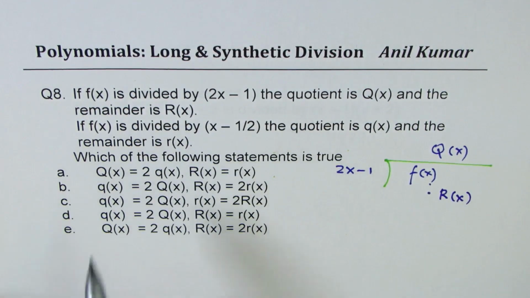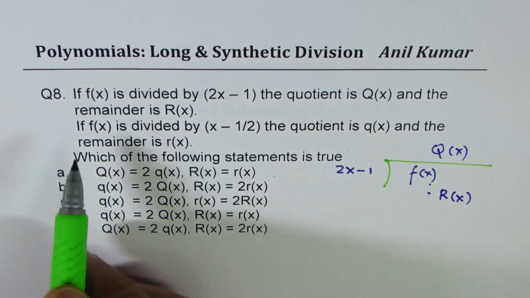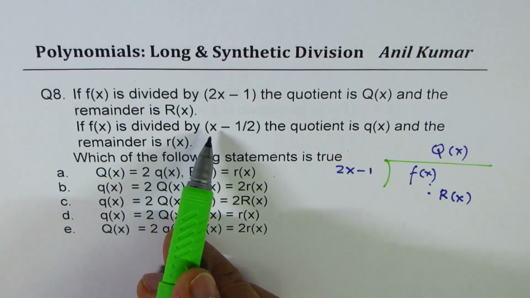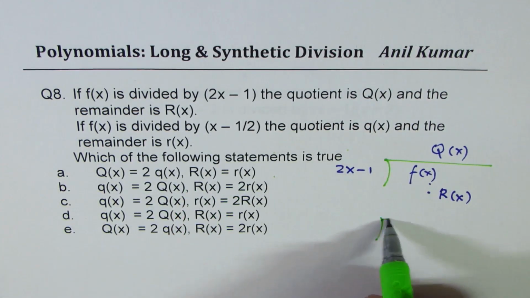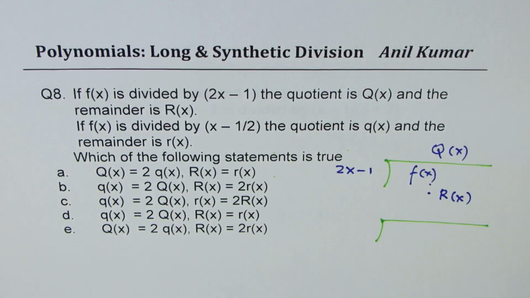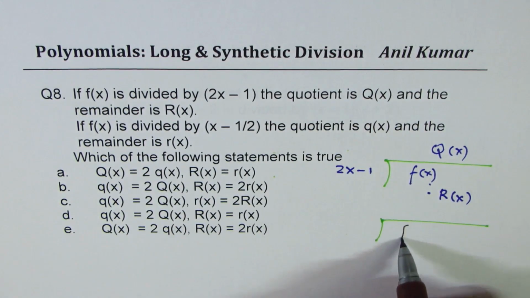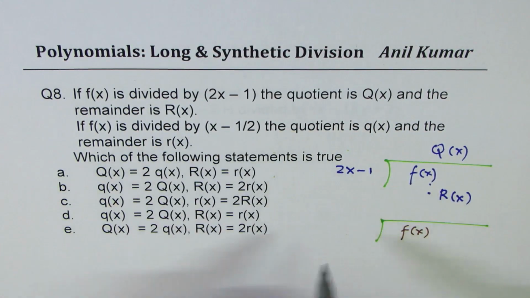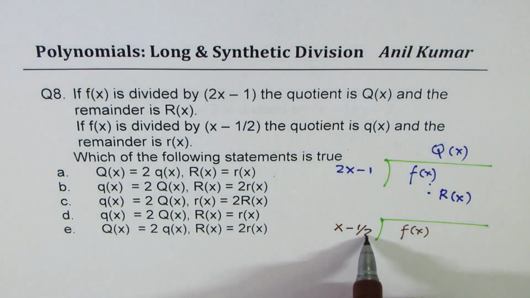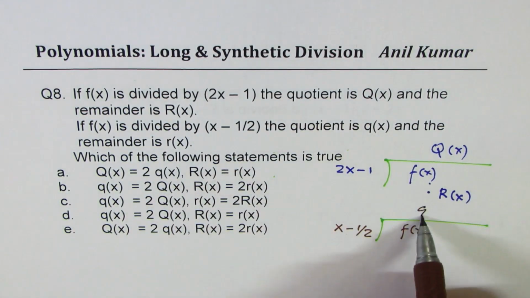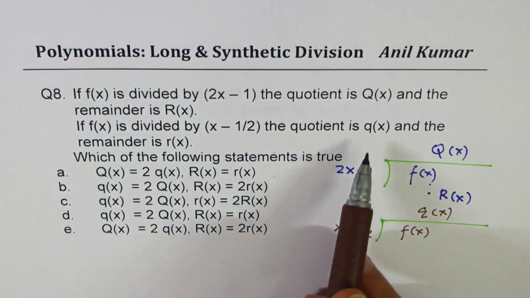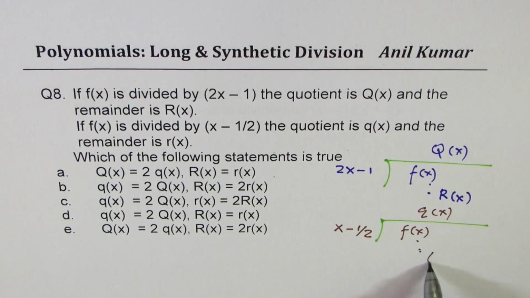Is it okay? The second case is if f(x) is divided by x minus half, the quotient is small q(x) and the remainder is r(x). Do you see that?